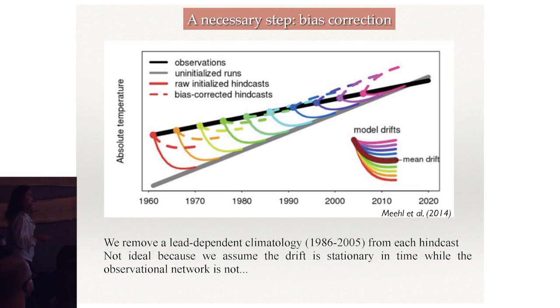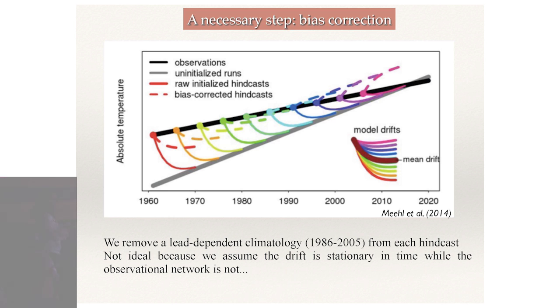Because models are imperfect, unfortunately, you need to bias correct your predictions. So this is a schematic showing in black where observations are, and typically where free-running models and their climatology are. If you initialize your model close to observations, you're going to be close to this black line. But very quickly, the model is going to go toward its own attractor.